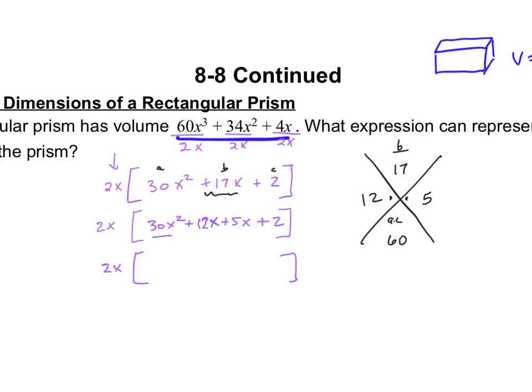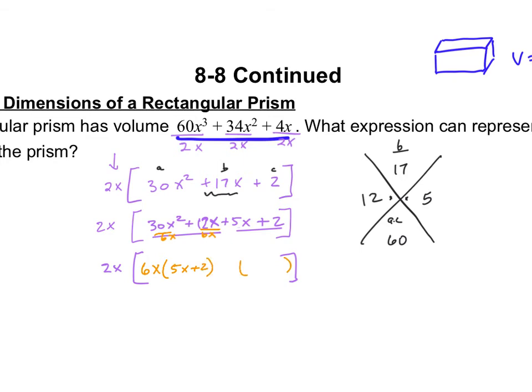What's my greatest common factor out of the first two, and greatest common factor out of the second two? Out of the first two, it looks like I can divide both of those by 6x. And if I factor each one of those by 6x, then I have left behind a 5x plus 2.